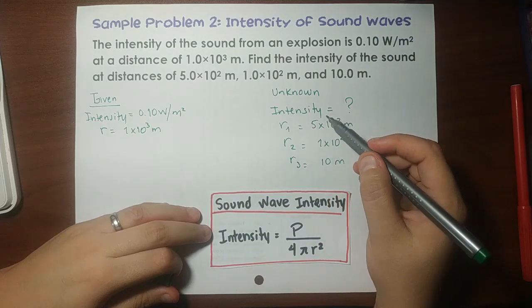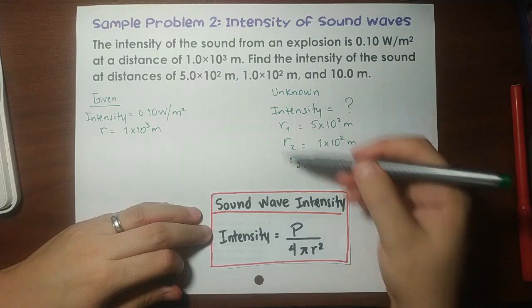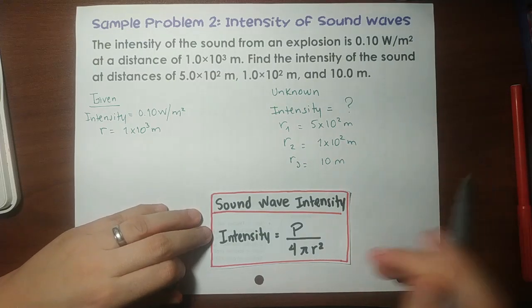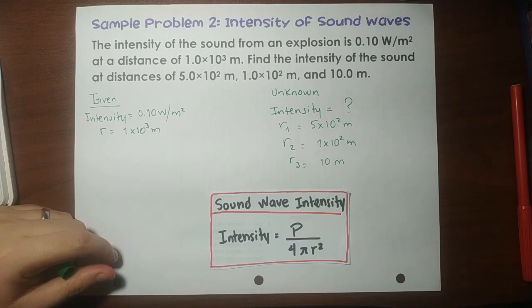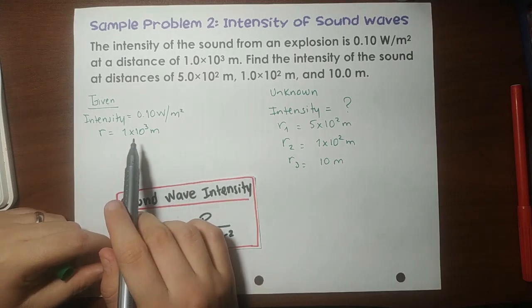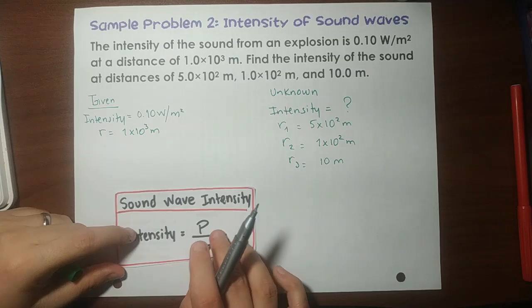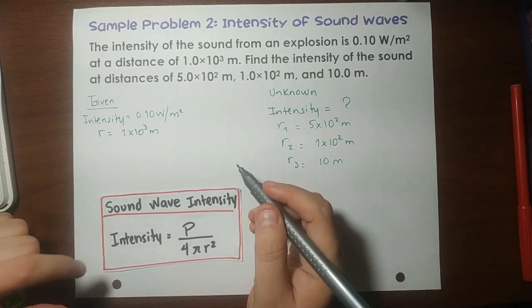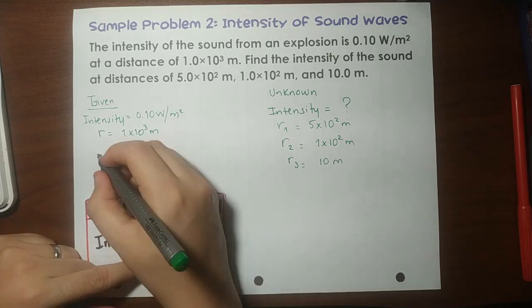To calculate intensity, I need power and I need distance. I don't have power, but we're talking about the same explosion, so that means that with the first givens, we're able to calculate the power of the explosion. So, how do we calculate the power?